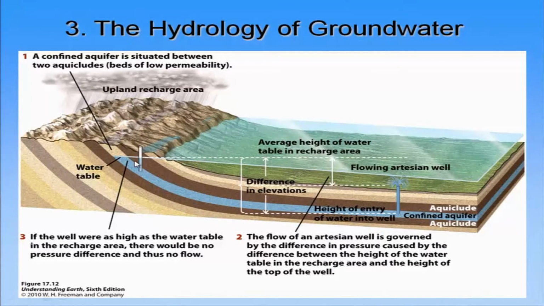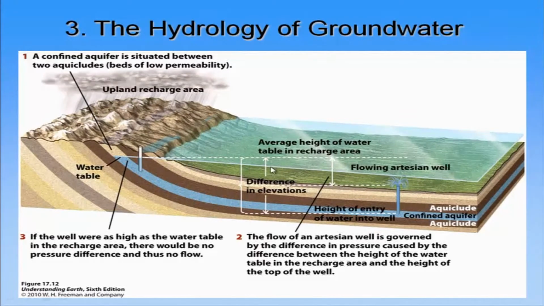So we have the water table with respect to the upstream area, and the flow of an artesian well is governed by difference in pressure, and this difference in pressure is caused because of the height of the water table in the recharge area, that is the upstream, and the height of the top of the well in the low lying areas or the downstream area.